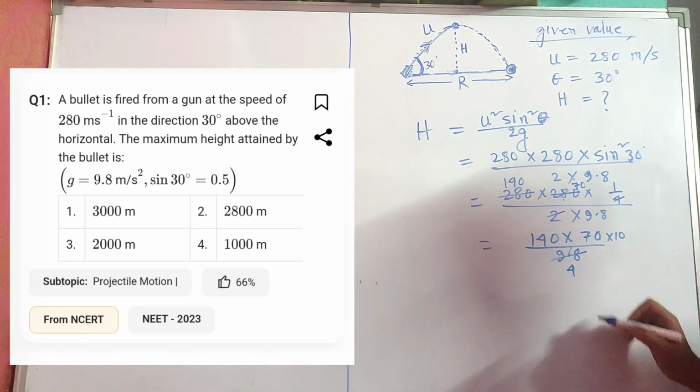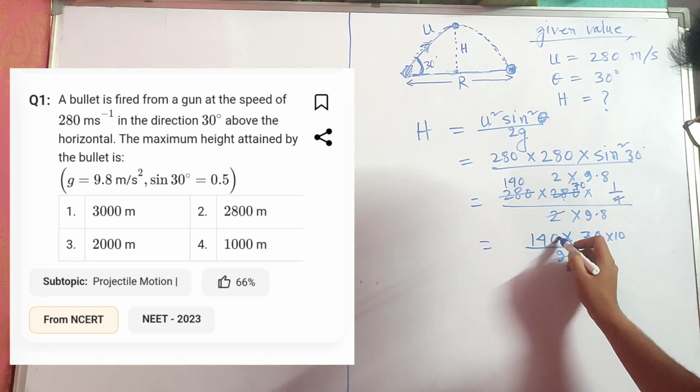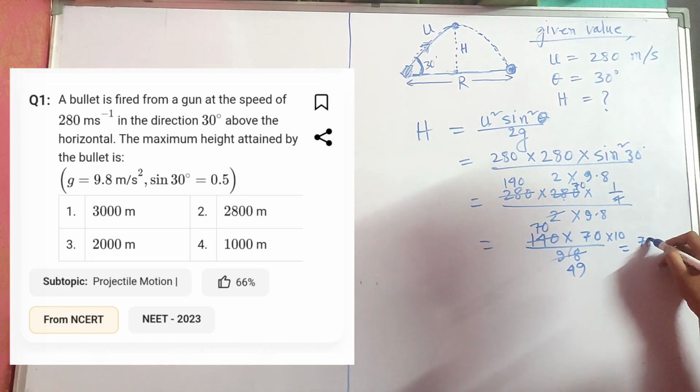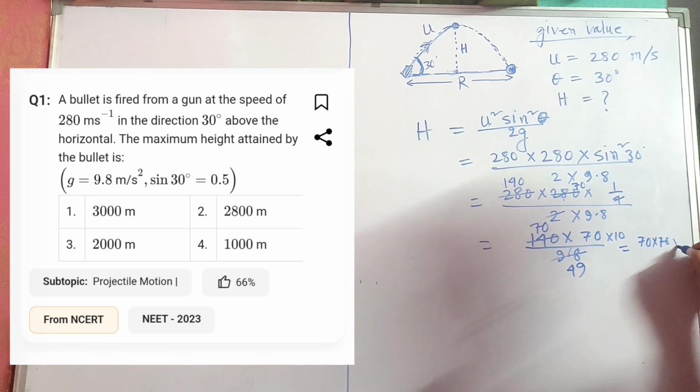Then 70 into 70 into 10 by 49, which gives 10 into 10 into 10.